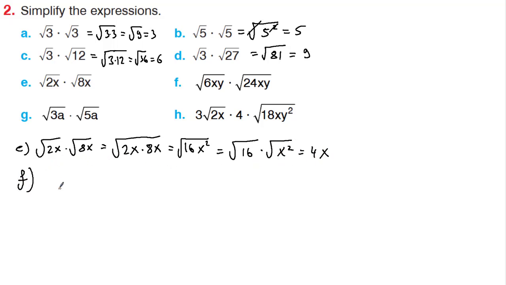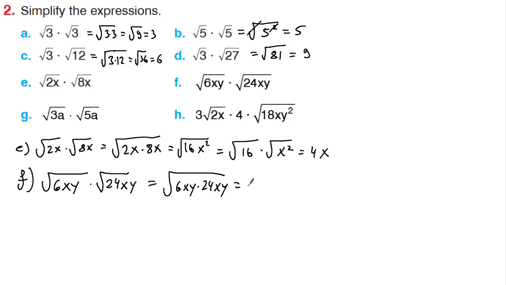Under F, we get square root of 6xy. Now we are starting to deal with more than one unknown, like xy in this case. So just the same, follow the same procedure like previously. You get 6xy times 24xy.